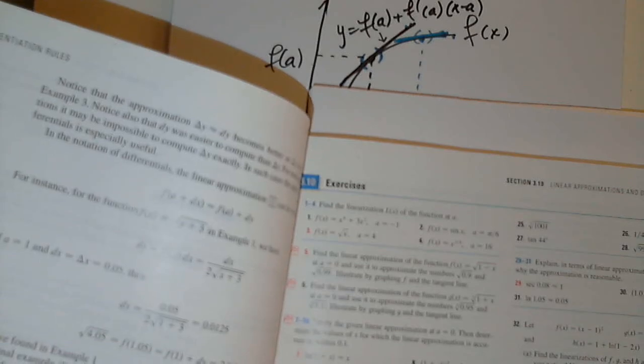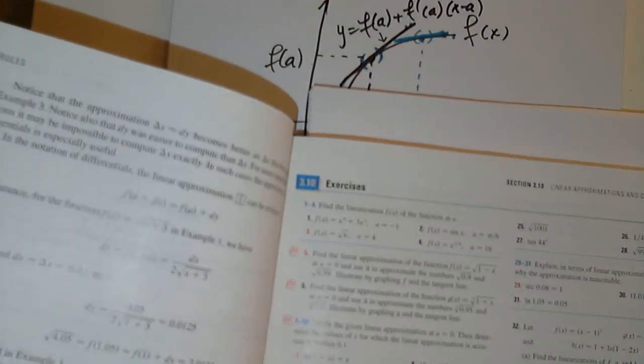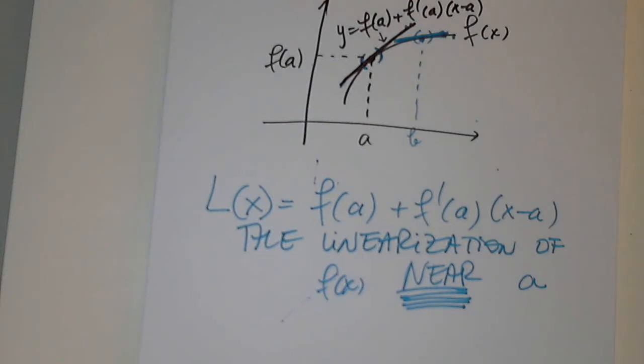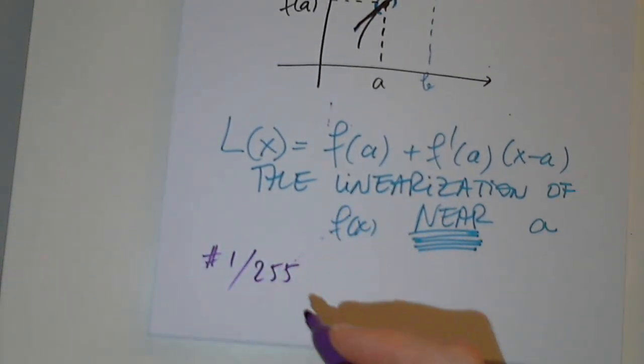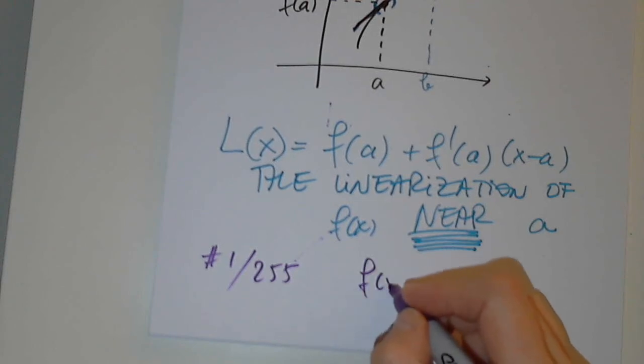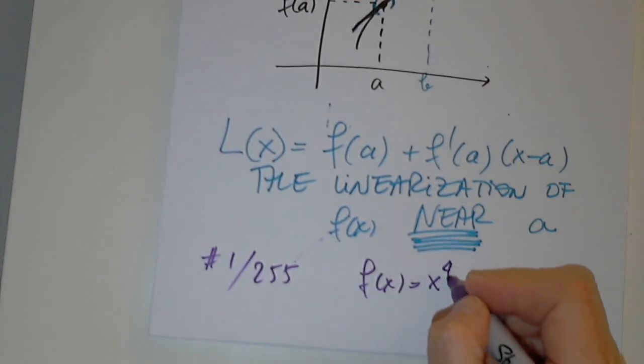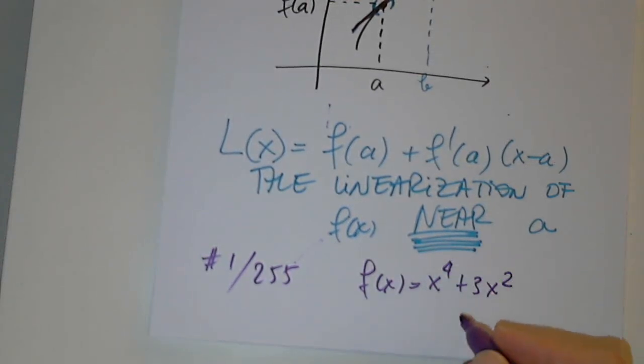Number one. Number one, very good. So we want to look at number one. On page 255, we're given the function f of x, which is x to the fourth plus 3x squared, and a equals -1.